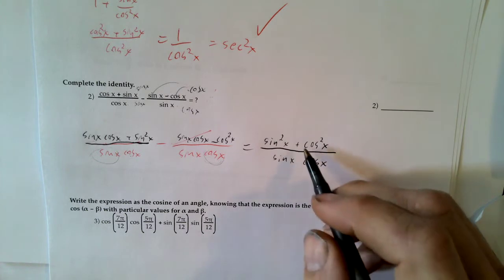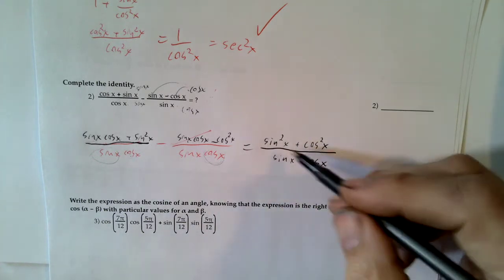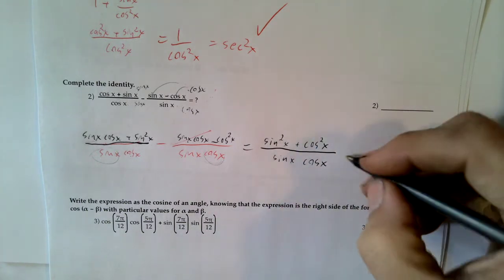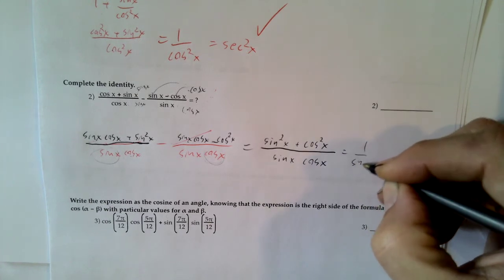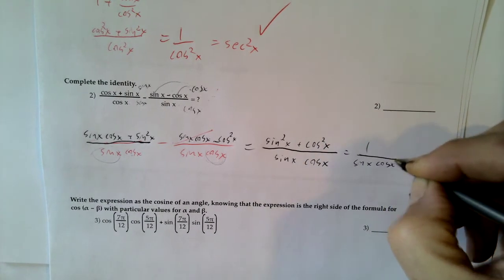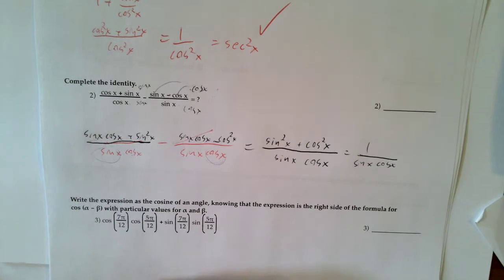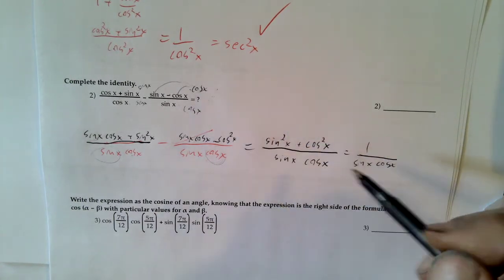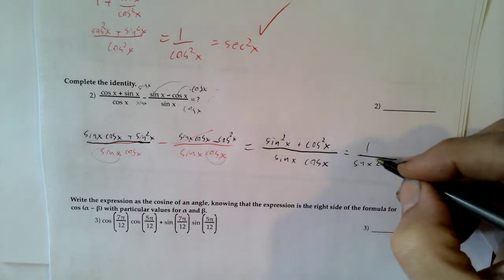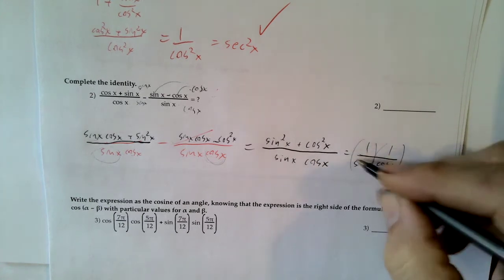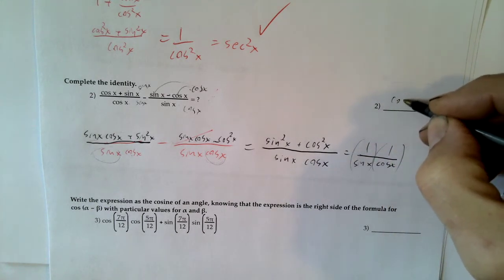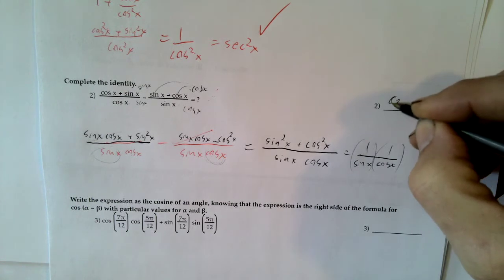And that should show up again. This Pythagorean identity shows up again. Sure enough, that's just 1 over sine x cosine x. So you could write just that for the answer to this one, but you might also recognize you could break this up as 1 over both of those and write secant x cosecant x.